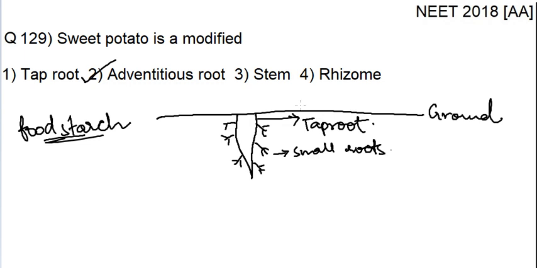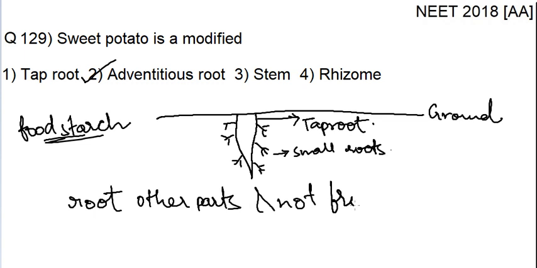So what happens in adventitious roots? In adventitious roots, the root is developed from other parts and not from the radicle. Generally the root is developed from the radicle, isn't it?